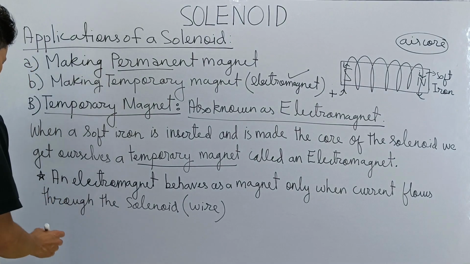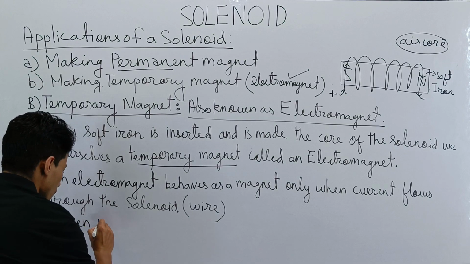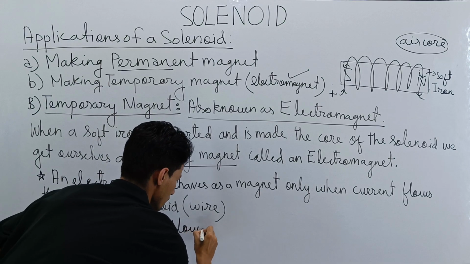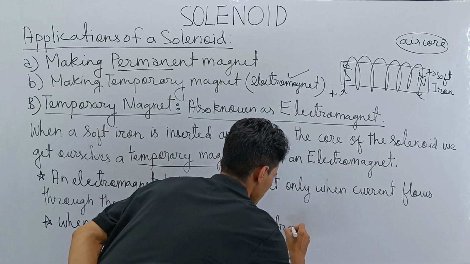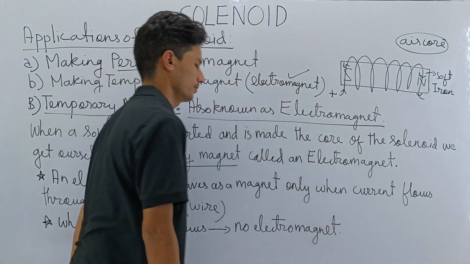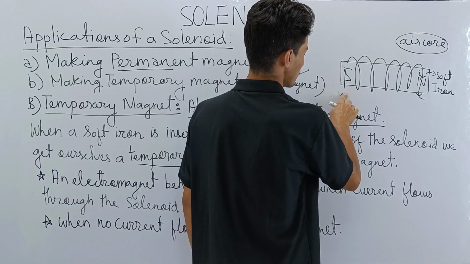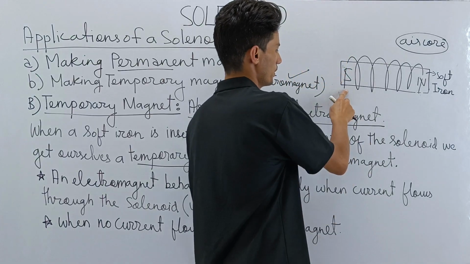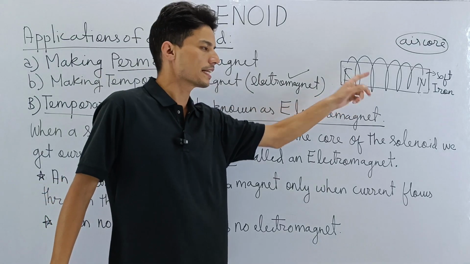Next point. When no current flows, then no electromagnet. Very important. When there is no current flow, then this will stop being an electromagnet.